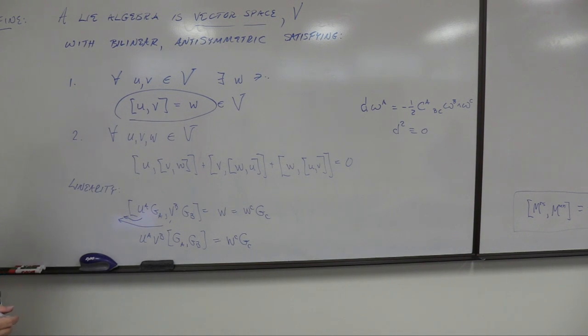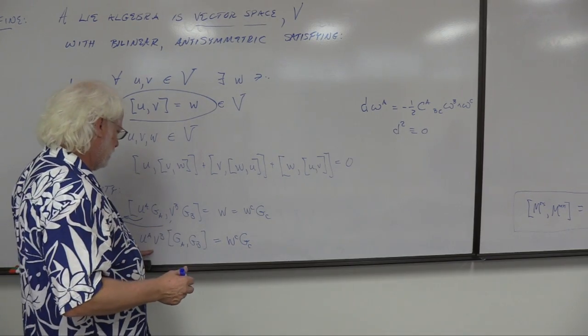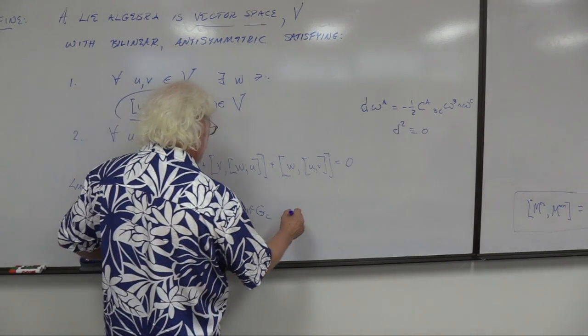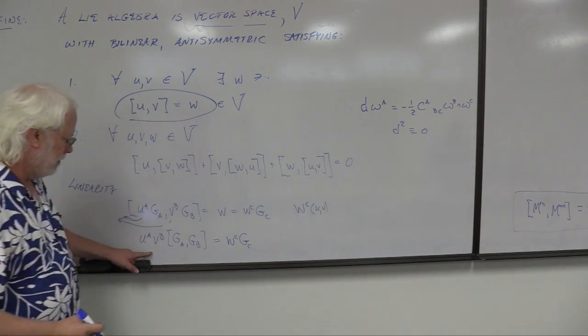You can see where the structure constants have to come in, because this W has to be some sensible function of the components of U and V.